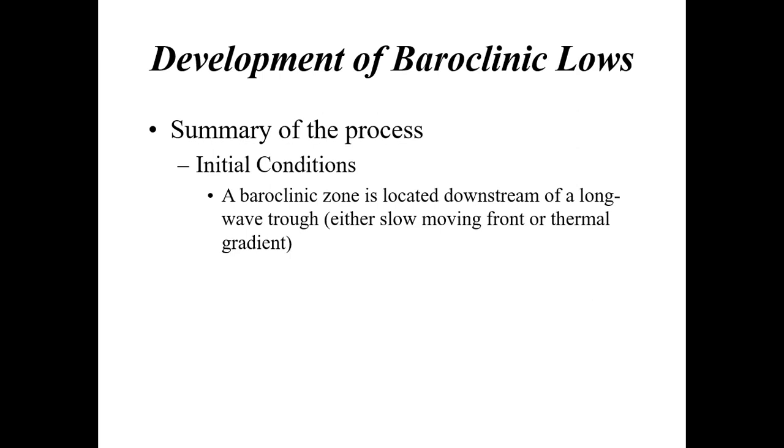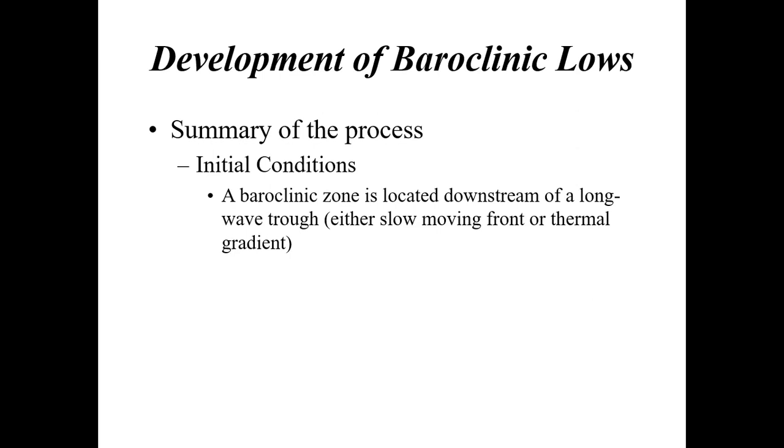So initial conditions, you have what's known as a baroclinic zone, which is located downstream. In the northern hemisphere, downstream would be to the east of the long wave trough axis. You have either a slow moving front or some type of temperature or thermal gradient. So you're in an area downstream or to the east of the long wave trough axis where we have a temperature gradient.